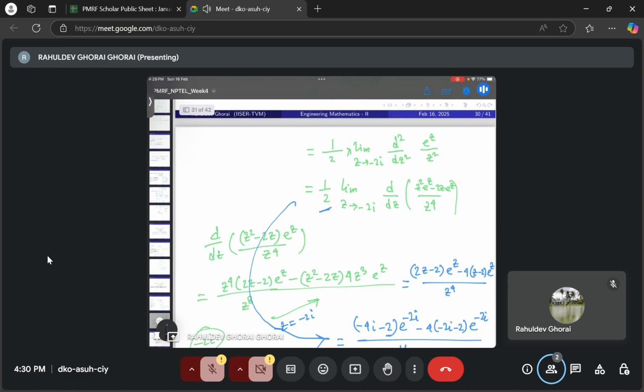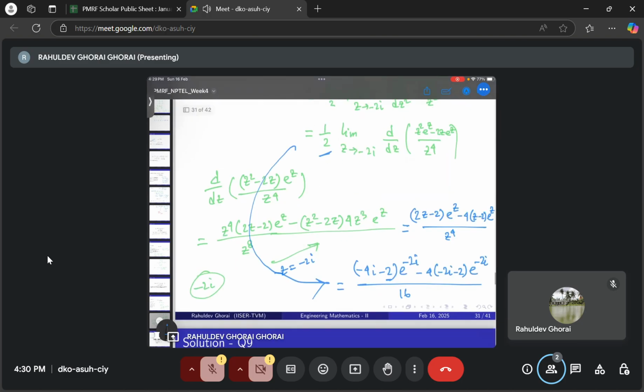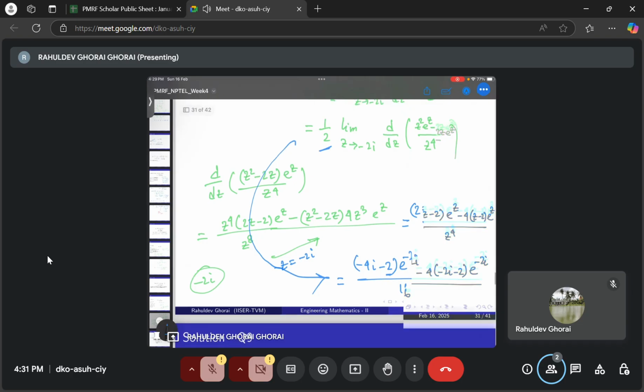So this 1 over 2 we were missing, that is okay, but z to the power 8, z to the power 4 times 2z. Yes, we have made the mistake here. We found out the mistake.